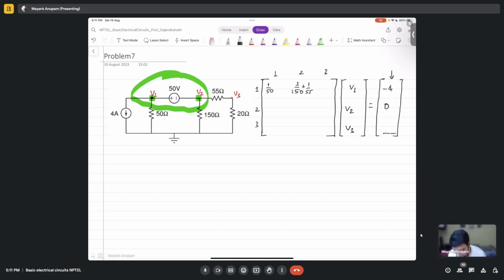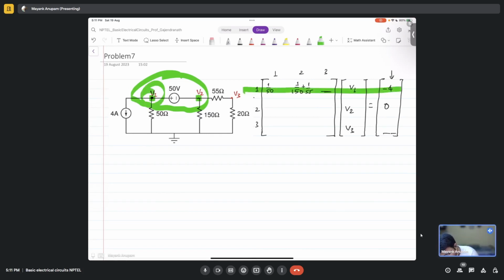Sorry. Why will it not be 0? You see, the first row here does not correspond to just node V1.